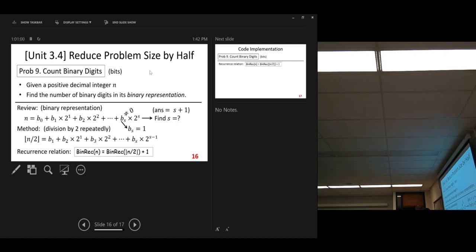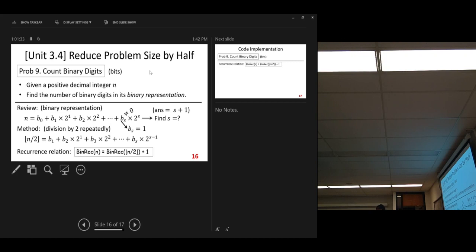Other students, any place where, if I work on it, you don't know how to deal with it? Somewhere you feel not quite right, something you don't like to see? The floor function. The floor function gives us a lot of problems; we don't know how to deal with it.